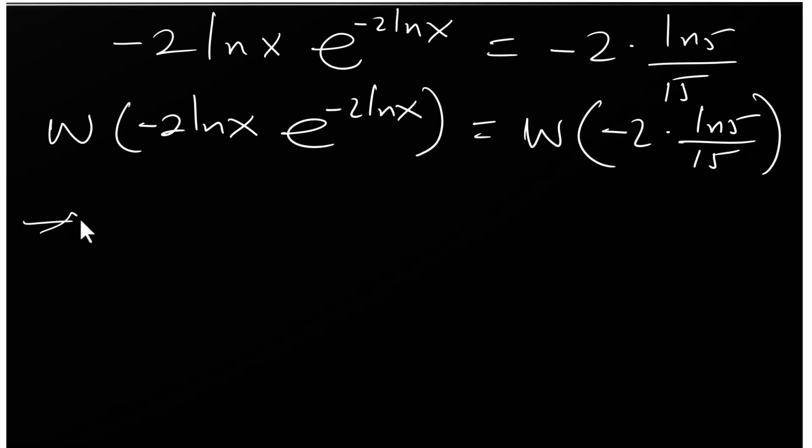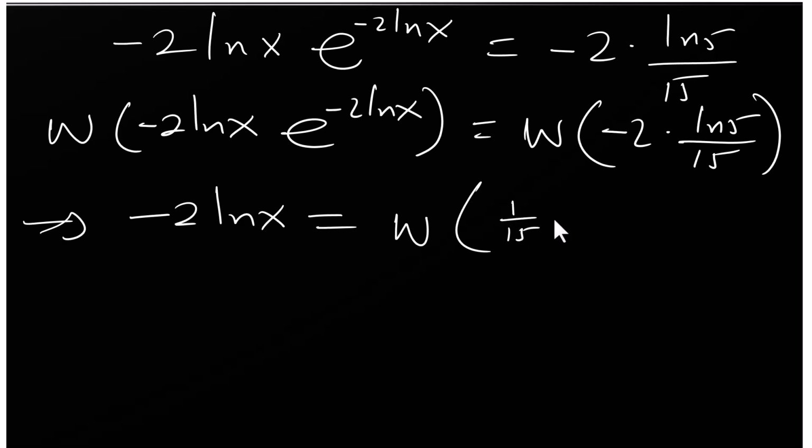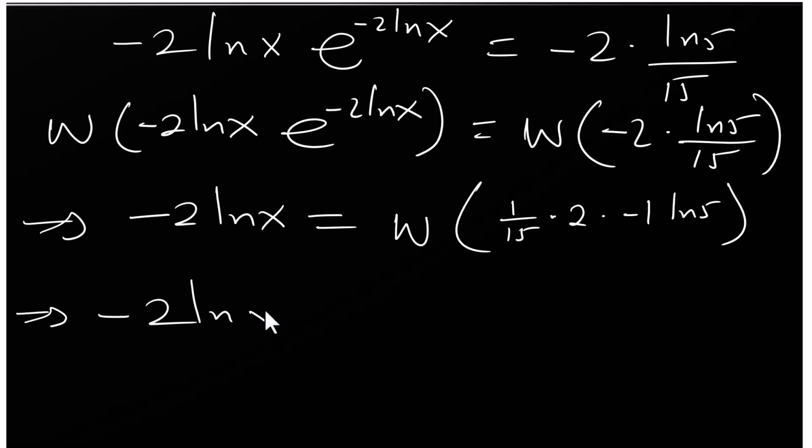So the left hand side equals that, therefore the answer is minus 2 ln of x equals to. Now let's modify this. From here, W function, so we can write this one as 1 on 15 times 2 times minus 1 ln of 5.